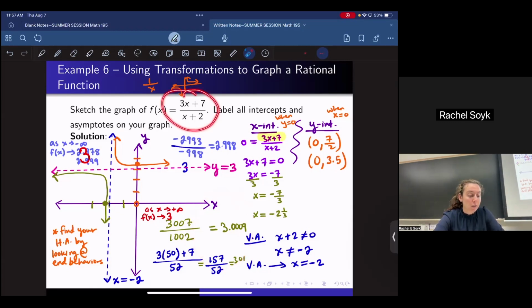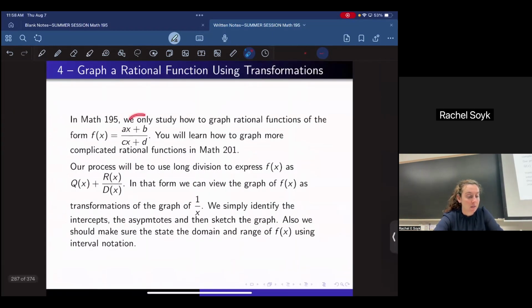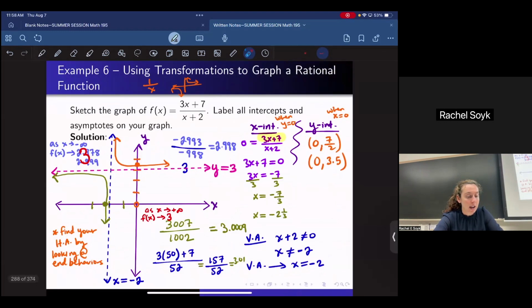If you look at your function, and this is what you learn in calculus, your variables, if they are of the same exponent, which they will be because that's the highest level that you'll ever get to, all you have to do is take your a divided by c, and that's your horizontal asymptote.